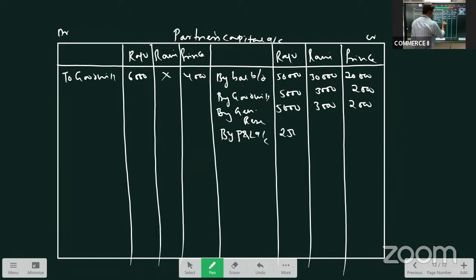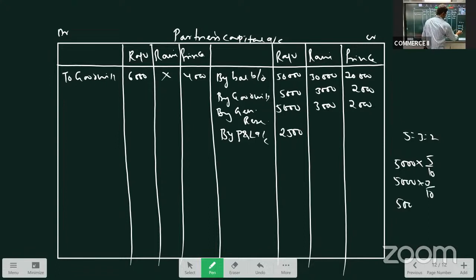So 2,500, 5,000 into 3 by 10, 5,000 into 2 by 10. So Rani will get 1,500 and Prince will get 1,000.